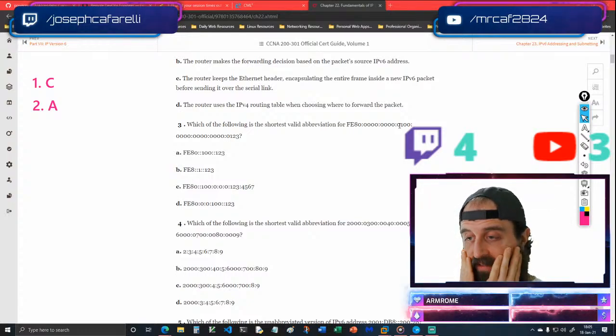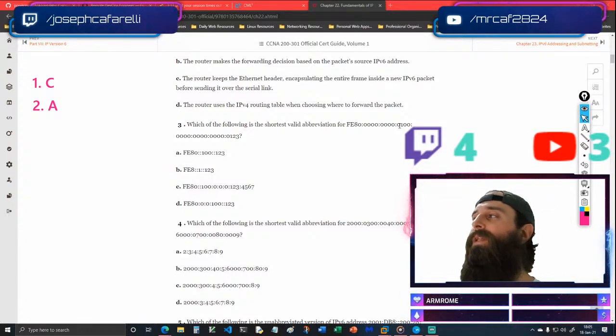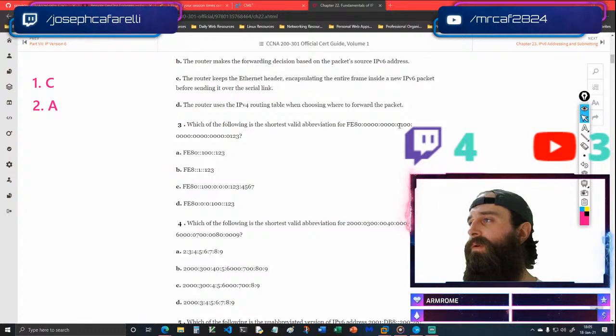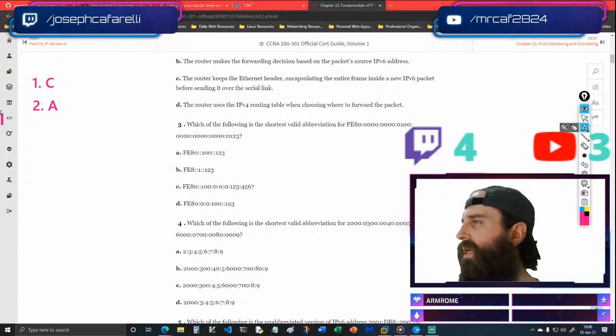So if we have all the zeros from the left, we can remove those zeros, but any zeros to the right, we have to keep. So if that is the case, then it would be A. Because any zeros to the right, so 80, obviously we would have to keep that 0, but all these zeros we can abbreviate down, but then 100 we would have to keep. So let's go with A on that one, too, guys.